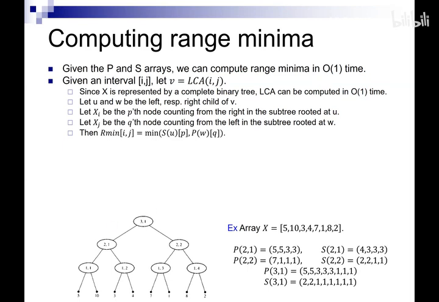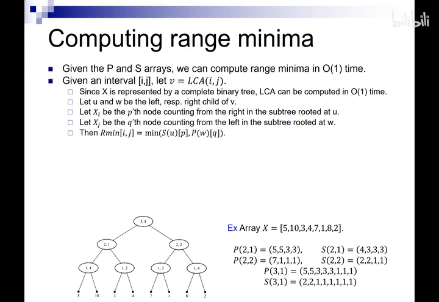So we have this algorithm for computing the LCA in a complete binary tree, and that can be done in constant time. That was basically just to find the split point between the two nodes. So we have their binary representations, and then you look for the first bit where they differ. So for i and j, we can compute their LCA.